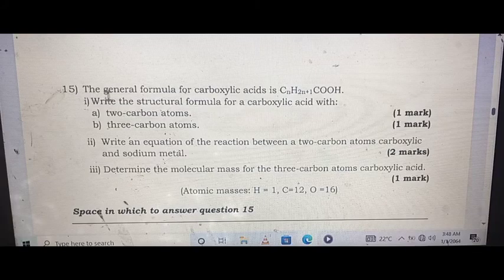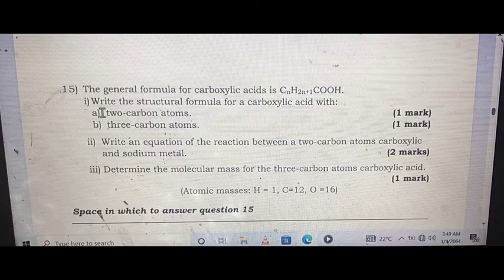Question 15. The general formula for carboxylic acid is CnH2n+1COOH. 1. Write the structural formula for carboxylic acid with A. 2 carbon atoms, B. 3 carbon atoms.